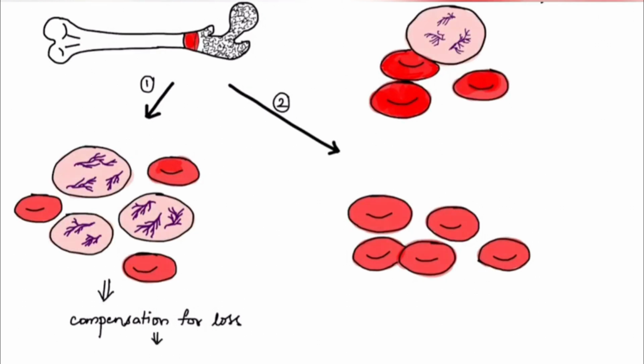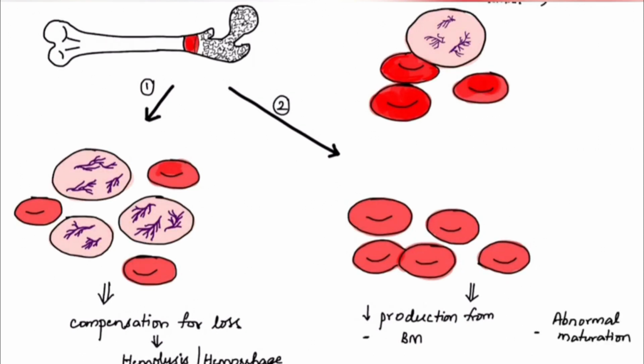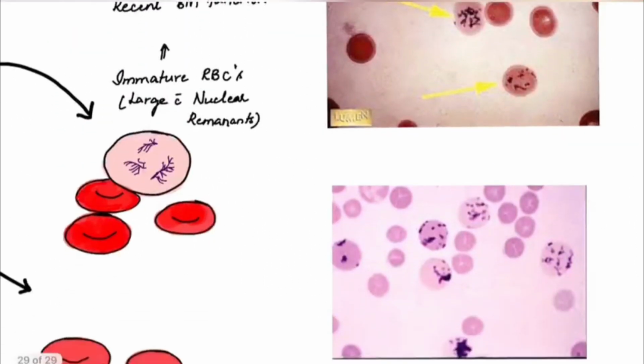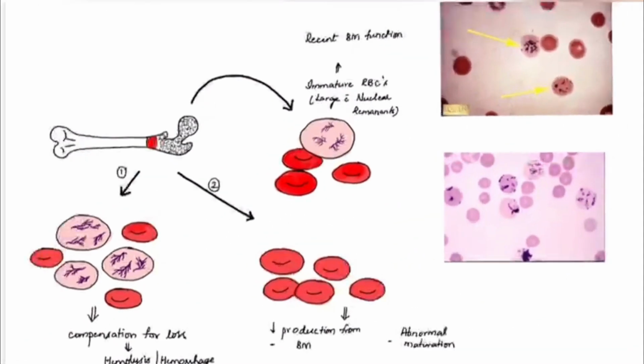That means there is hemolysis or hemorrhage because of which the bone marrow is producing more reticulocytes to compensate the loss. In the second scenario, where fewer reticulocytes are seen, it indicates there is either decreased production from the bone marrow itself or those which are produced are not maturing properly. This is a smear showing reticulocytes. You can see they are larger than normal RBCs with nuclear remnants inside them.